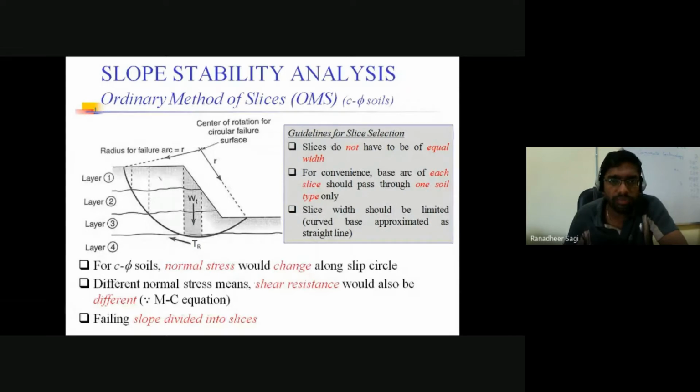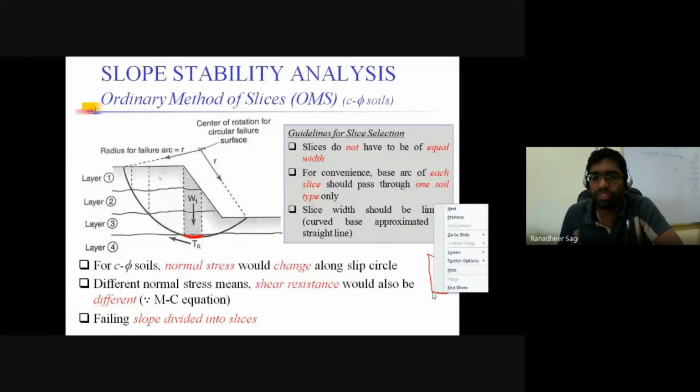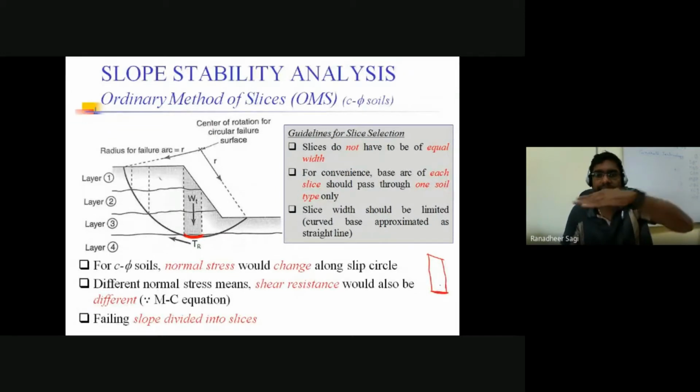Let's say, for example, this particular element, the failure surface associated at the bottom of the element. Though the failure surface is a curved surface, as the width of the element is relatively small, we approximate this to be a straight line.